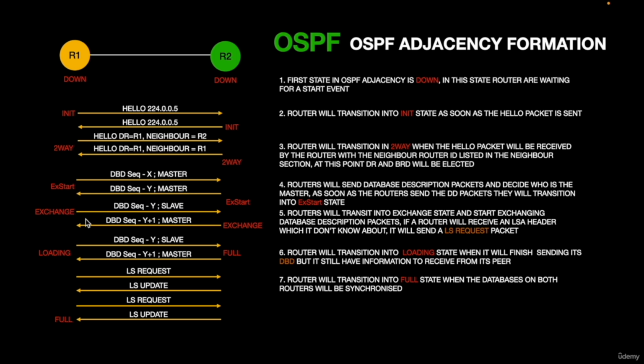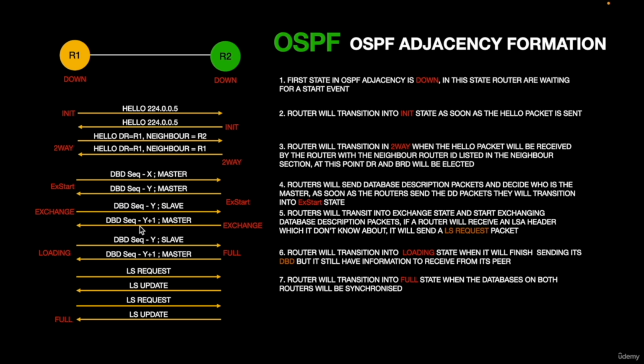After the election is completed, R1 will become the slave, and it will send the database description with the sequence number, and R2 will be the master, and it will send the database description with the sequence number.